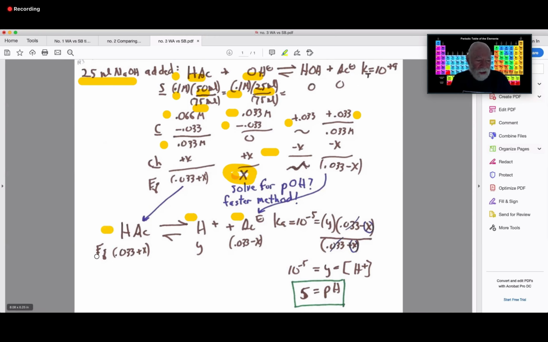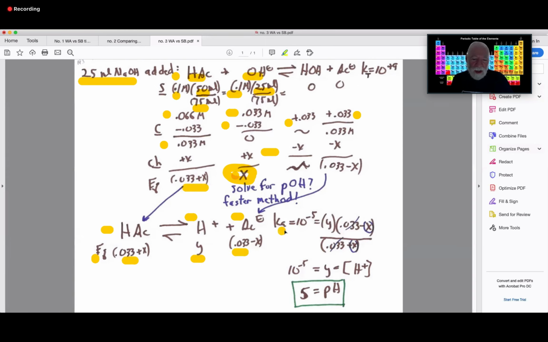Now notice we're going to go right to equilibrium. So we have the equilibrium concentration of the acetic acid, 0.033 plus x. I transfer it over to this equation here. Let's call the hydrogen concentration y. And the acetate, again, we're going to transfer as 0.033 minus x. Let's plug these three into the mass action expression.